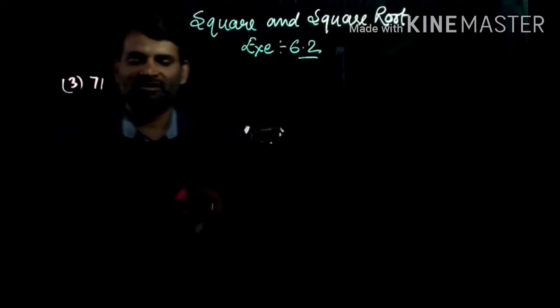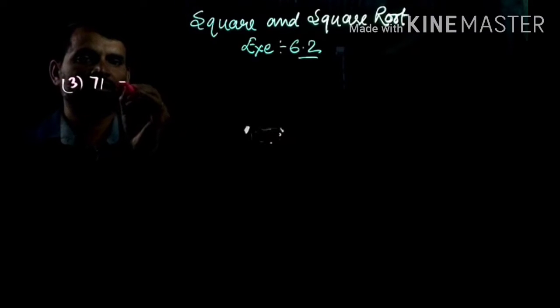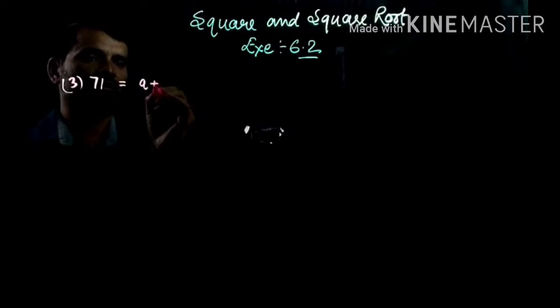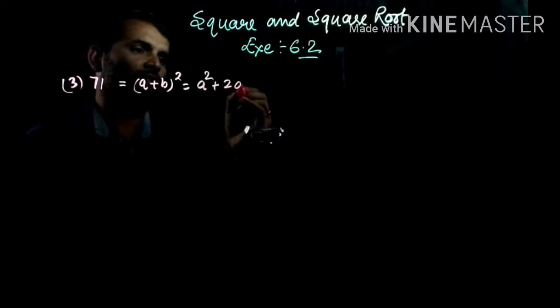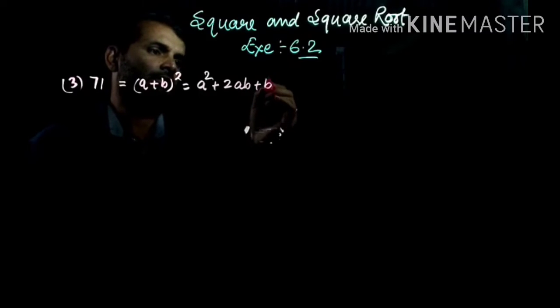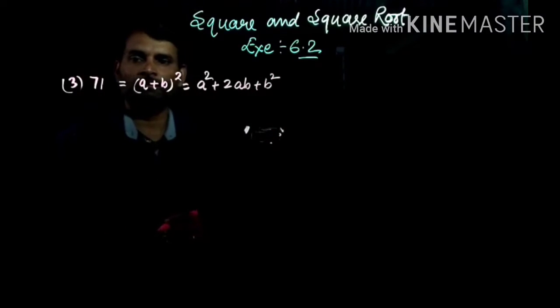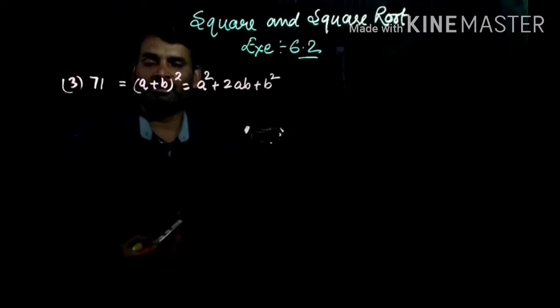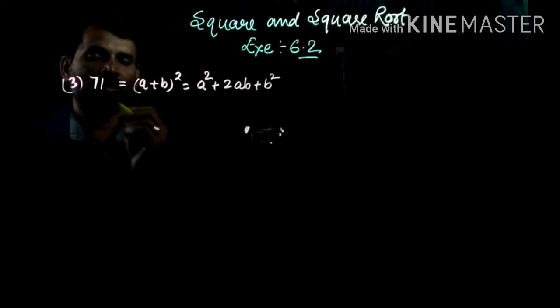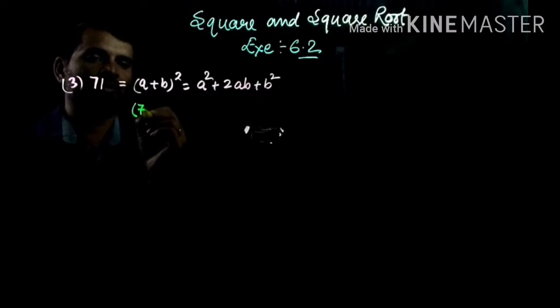Find the square of 71. First we write the identity: (a plus b) whole square is a square plus 2ab plus b square. Now 71 is divided into two parts: 70 plus 1.